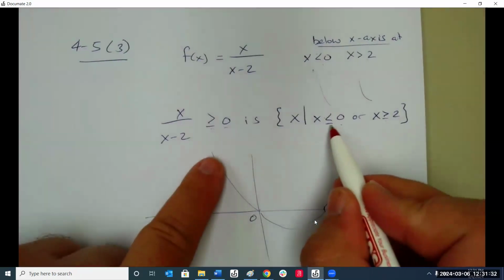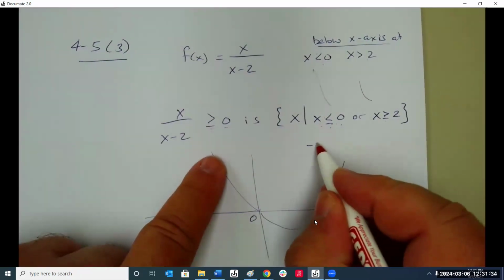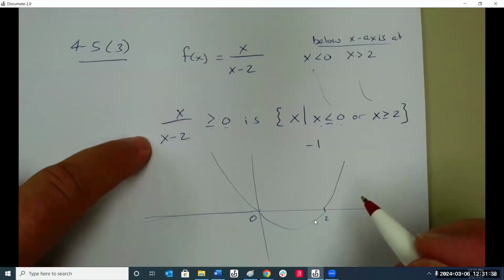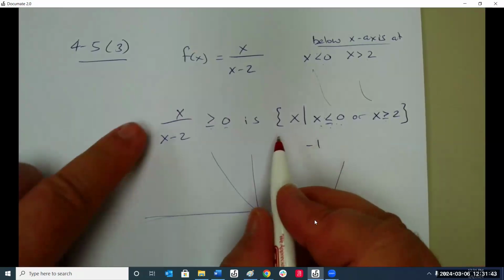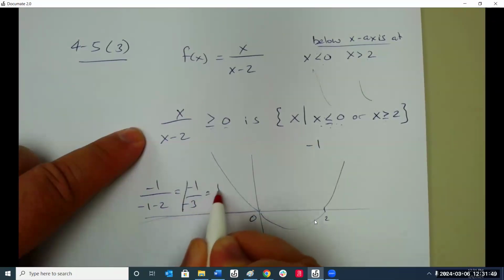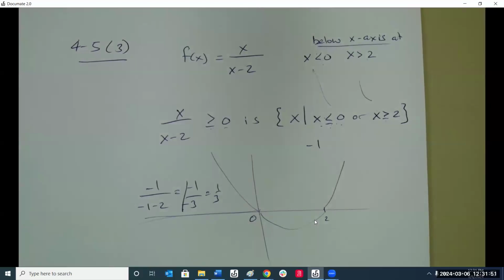So we're saying that if I take a number less than 0, let's say -1, and I plug it in there, it's going to give, yeah. So -1, -1 minus 2, those are negative, I mean, those cancel. It's greater than 0.